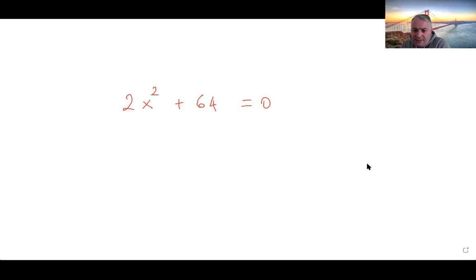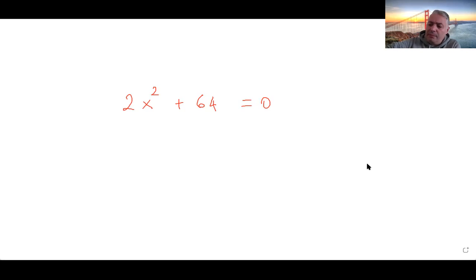Farid says 16i. Let's see now. Jude says, okay. Okay, everybody, you all try.